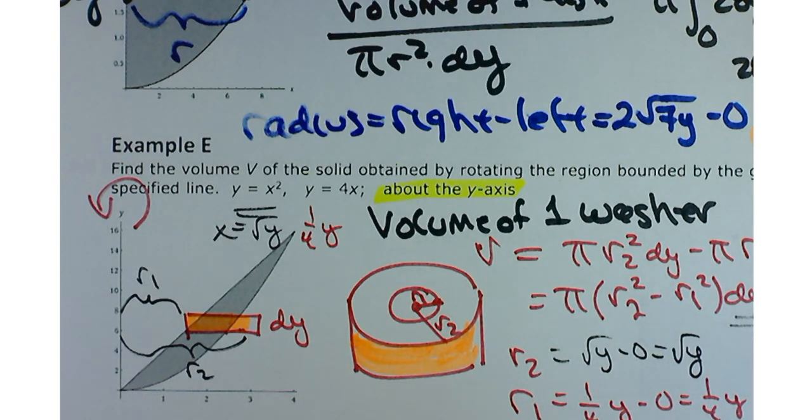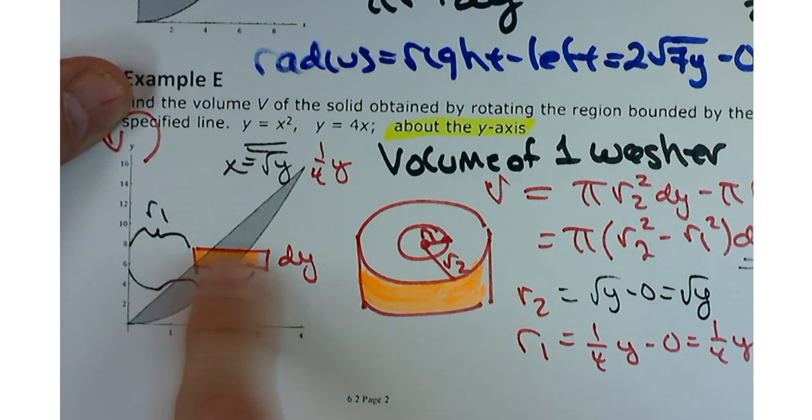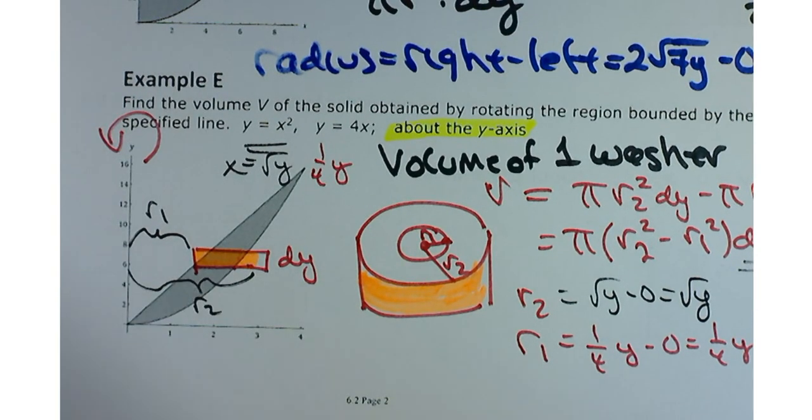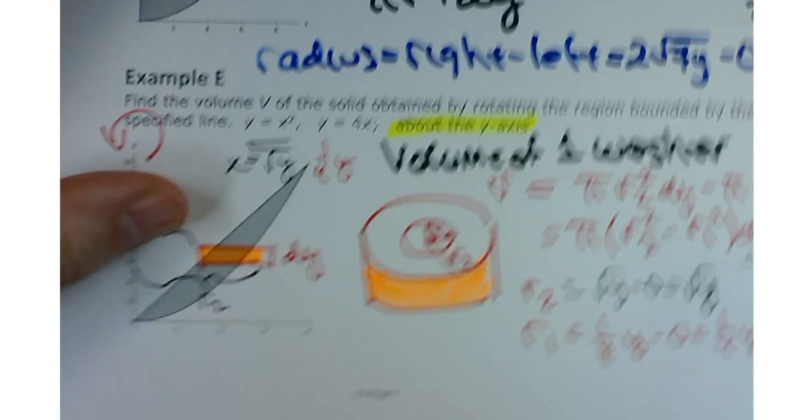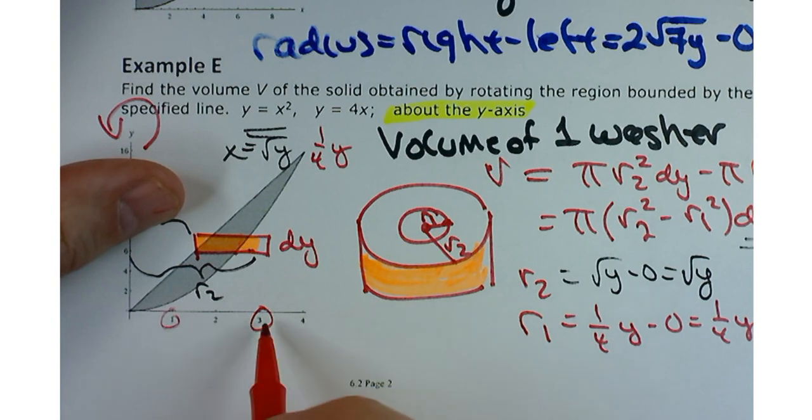What was that 0 portion where you subtracted 0 from the radius? What does that represent graphically? So graphically, what you're doing is finding the distance along the x direction. And when you do that, it's always the right-hand endpoint minus the left-hand endpoint. So if I wanted to find the distance between these two, it'd be 3 minus 1.